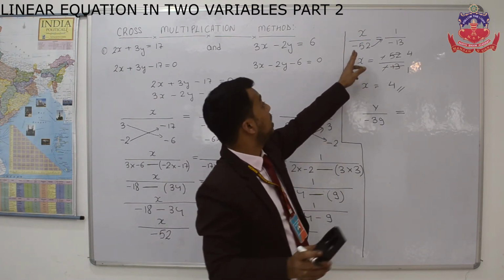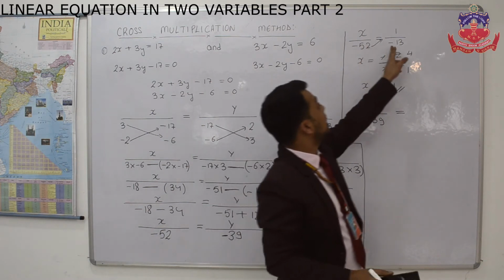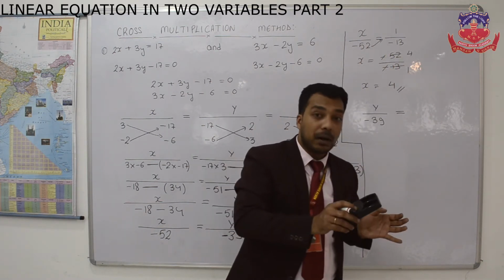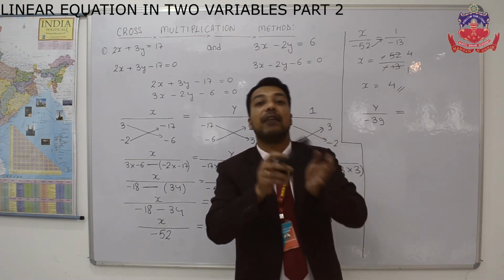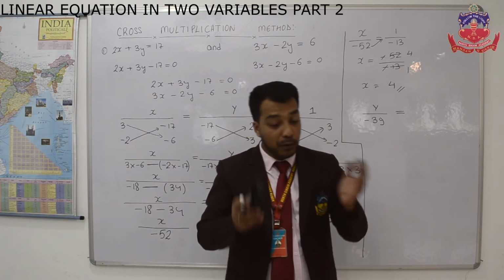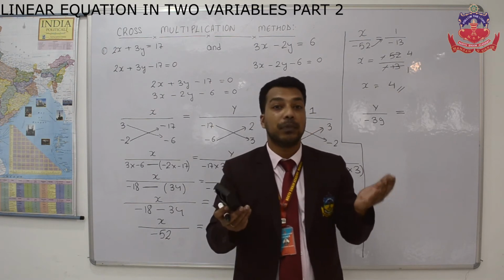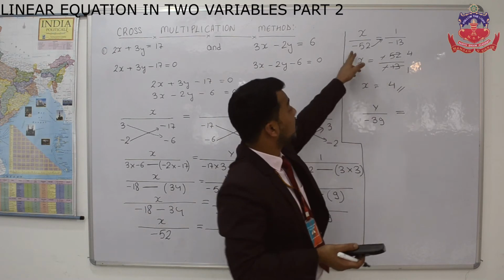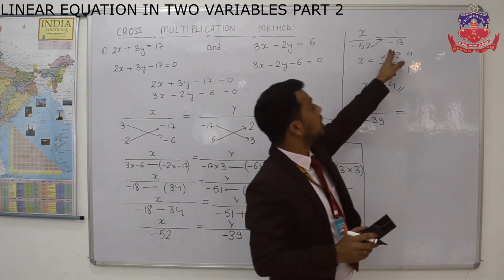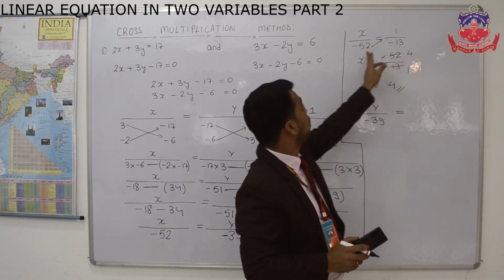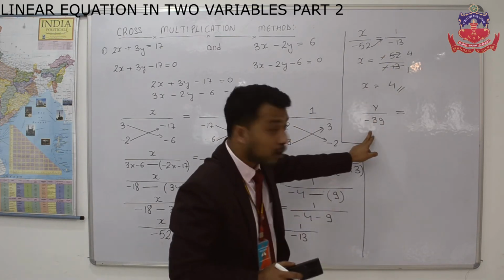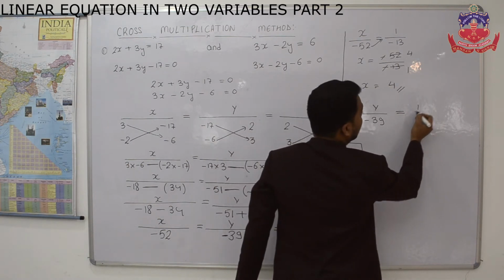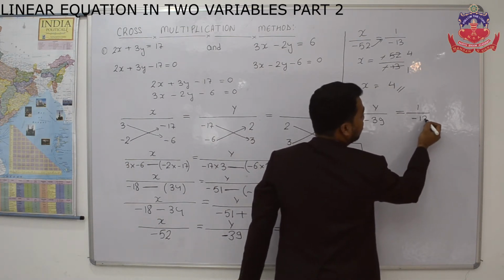We will make sure that in the left hand side you have one variable, and in the right hand side it should be a number, not a variable, because a variable and a variable cannot be made equal. If you make x and y equal, finding the answer for x and y is very difficult. So in the left hand side you take one variable, and in the right hand side you take a constant or a number, which we have done in the first case. Similarly here, in the left hand side I have taken y, so in the right hand side I will take the number that is 1 divided by minus 13.